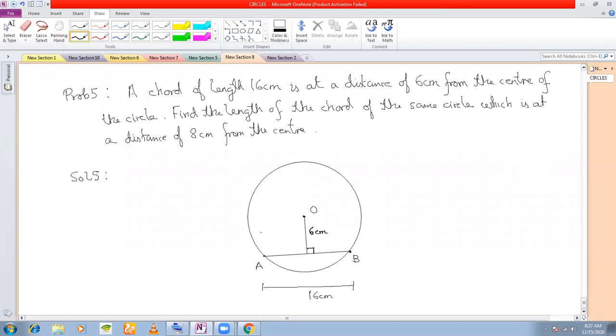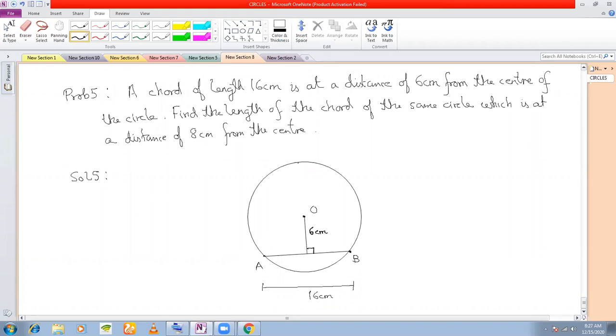Perpendicular distance. The question is to find the length of the chord of the same circle which is at a distance of 8 centimeter from the center. Now you have to find the length of some other chord which is at a distance of 8 centimeter from the center.